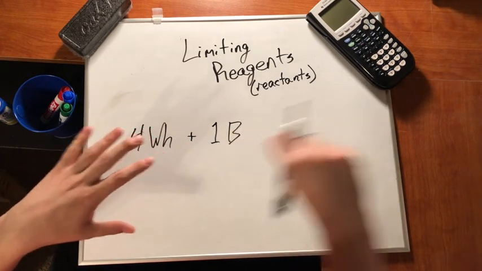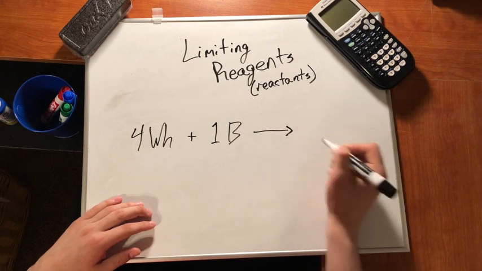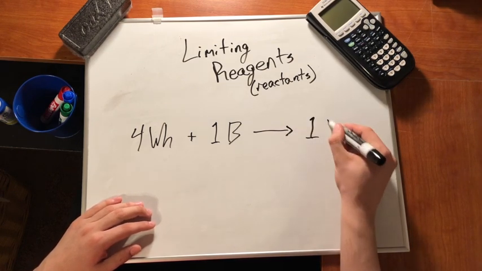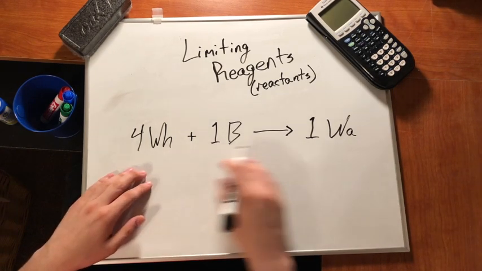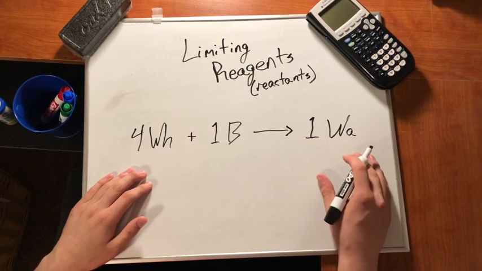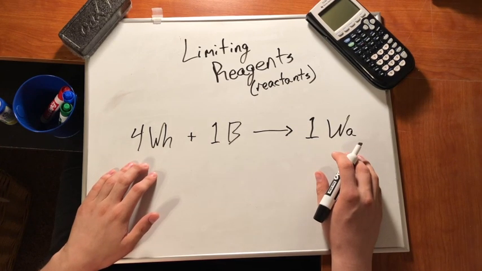That's like the bucket part with the handle. 1 body part is going to yield 1 wagon, right? And so this is the ratio of parts that I need to make a wagon. Okay, I know we were talking about chemistry a second ago, but this kind of idea is going to help us figure out how to solve these problems.